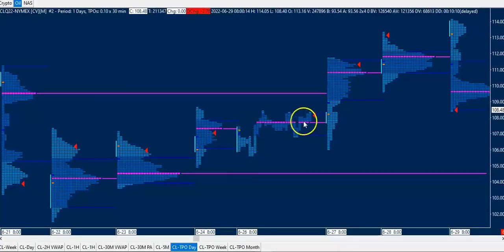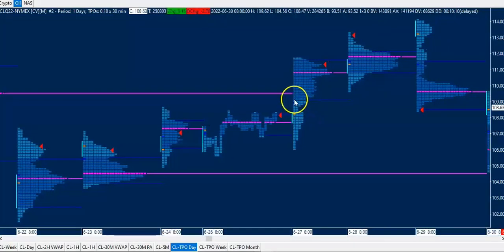We see price consolidated, but the value area has moved higher. Our point of control has moved higher on the day. So technically that is value continuing to move to the upside, just not in a meaningful way. And then we get that significant move to the upside the next day.